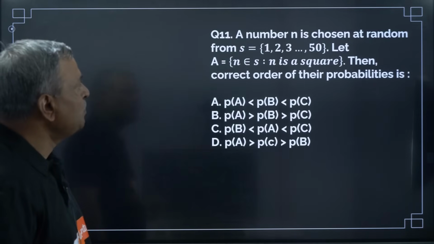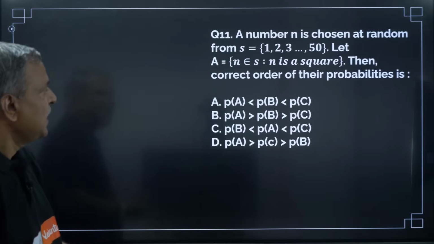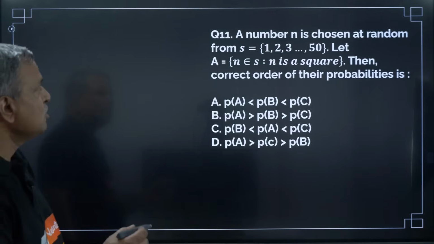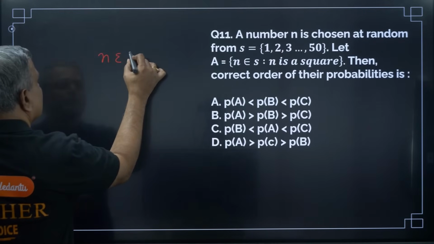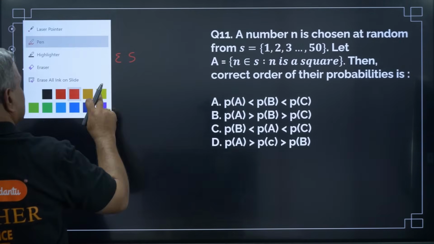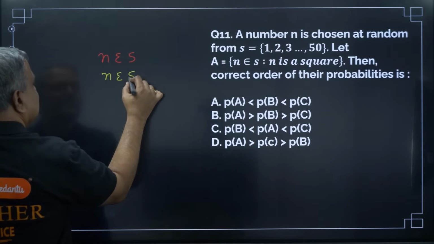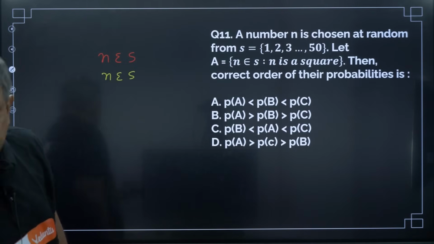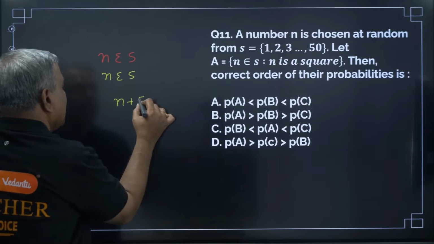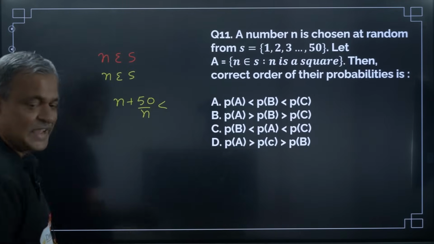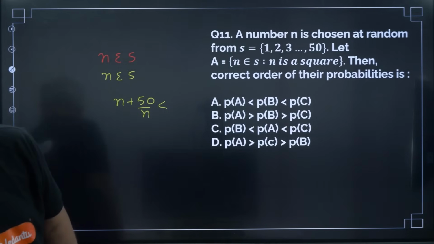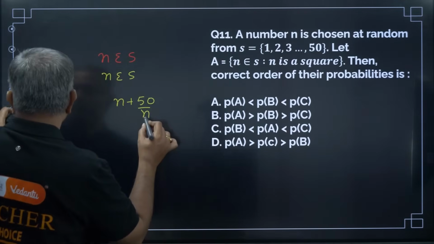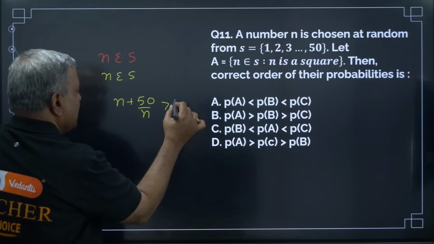Number of n chosen, the problem is, there is a misprint and it is an incomplete problem. I will read the problem here as, n belongs to S and they have given n plus 50 by n is less than 27, sorry, is greater than 27.